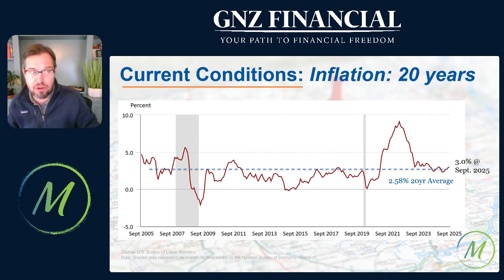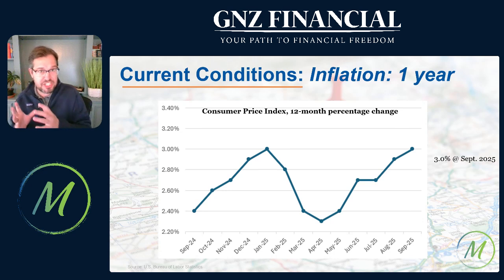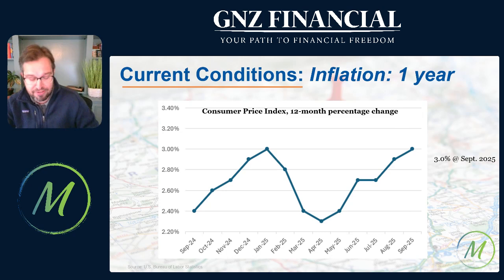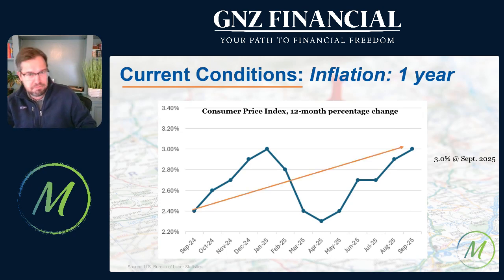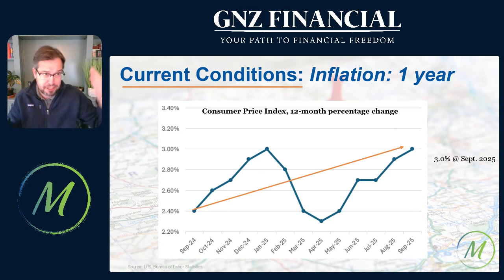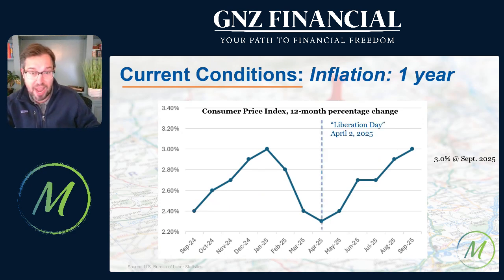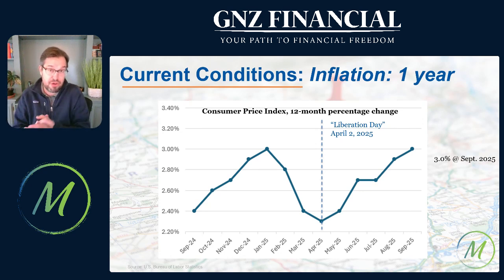But let's look at a little more detail of that. Just as a one-year trend, in September 2024 we were at about 2.4% inflation. And the numbers just released, 3% for September 2025. An increase, definitely. And if we look at that trend a little closer, as of April 2025, Liberation Day, we actually saw inflation coming down, and we were doing a pretty good job.